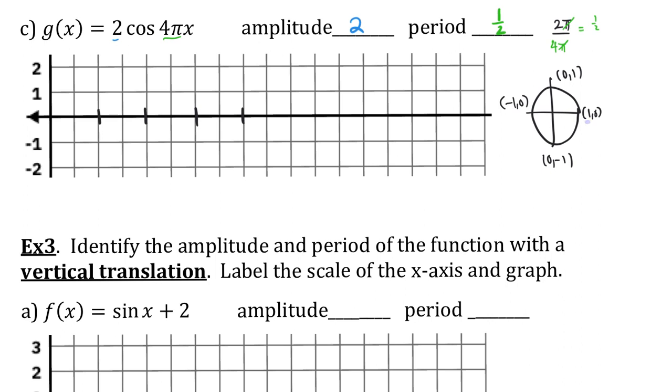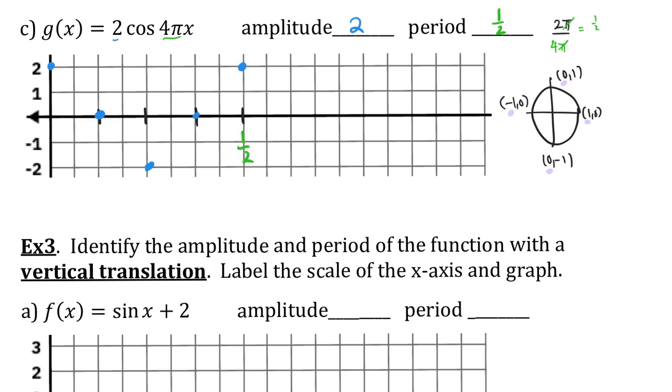So it starts 1, 0, -1, 0. But I don't start at 1 because it's vertically stretched by 2. So I'm going to start at 2 because it's cosine. So it goes 2, 0, -2, 0, and then back up to 2. I end where I start. Okay, that's 1 period. According to my calculations, 1 period should take 1/2, which means this point must be 1/2.